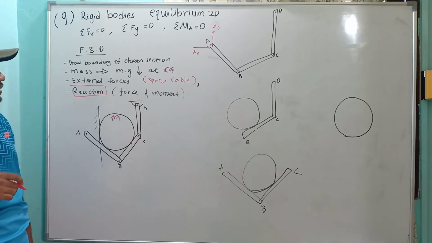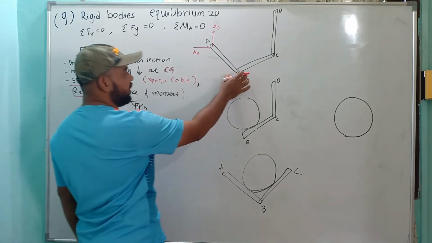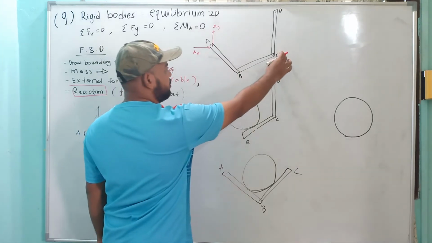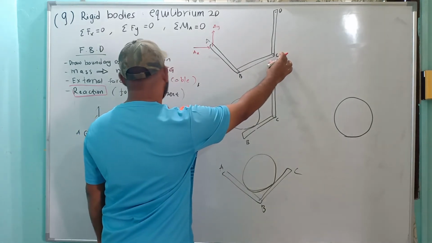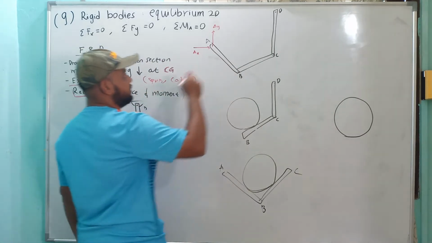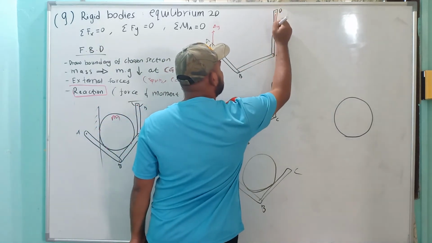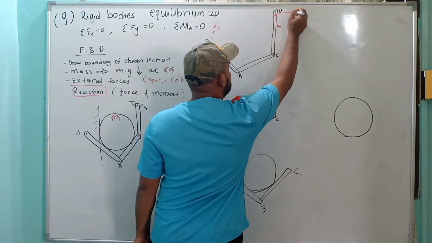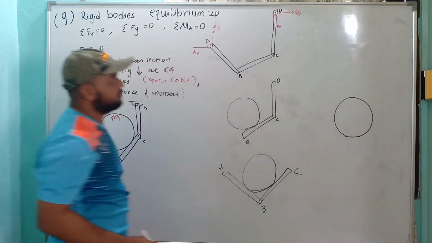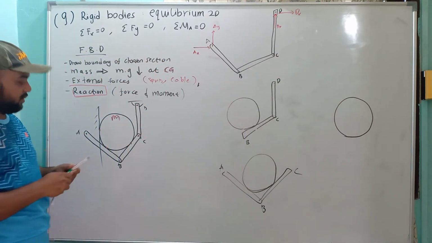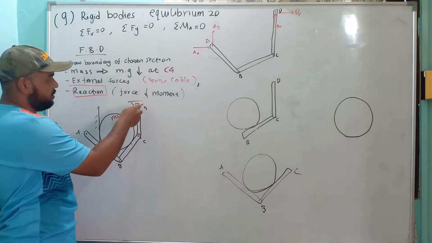And then at point B you have a pin, but you didn't open this one, so there will be nothing. At C also there is a pin joint, but you didn't open it, so there is nothing. At D you have a pin joint and you take away the other part, so you should have DY and DX.